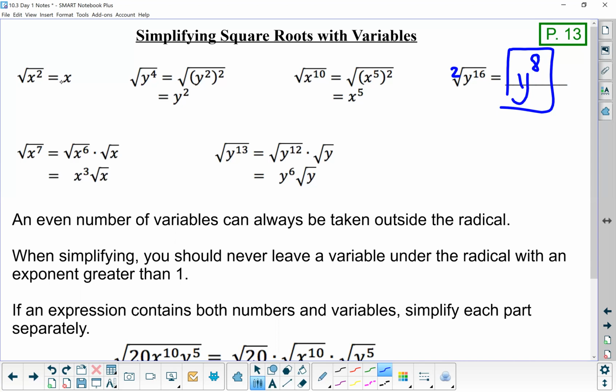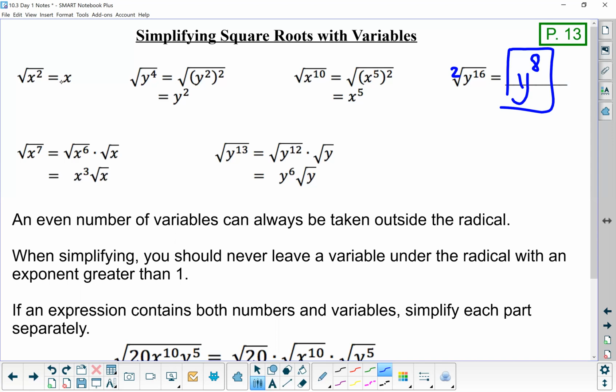What happens if we get a variable that doesn't have an even power, like x to the 7th? Then what we're going to do is write x to the 7th as x to the largest even number that's less than 7.